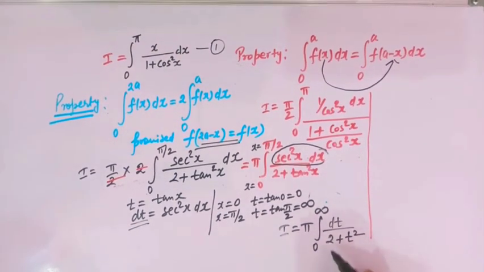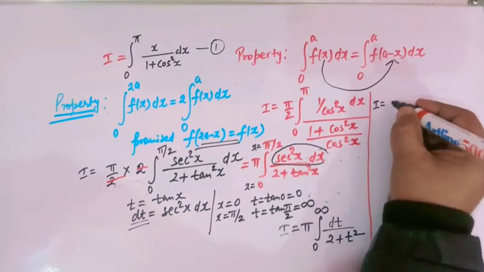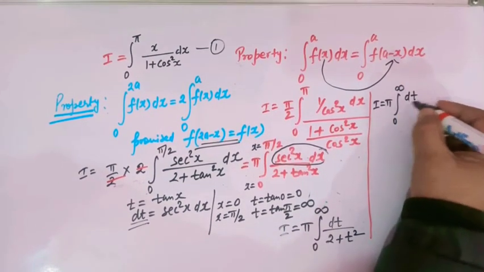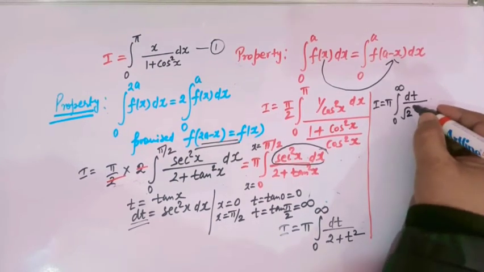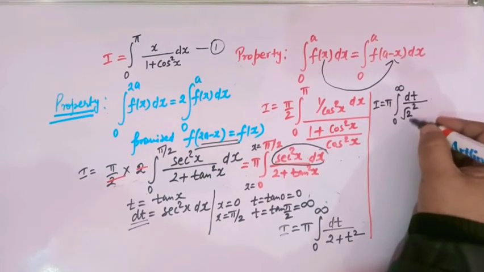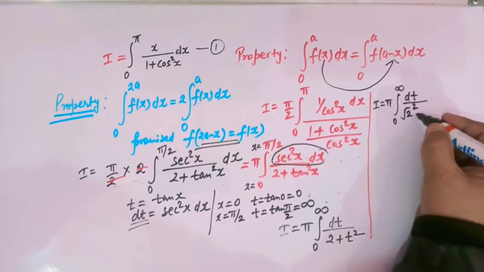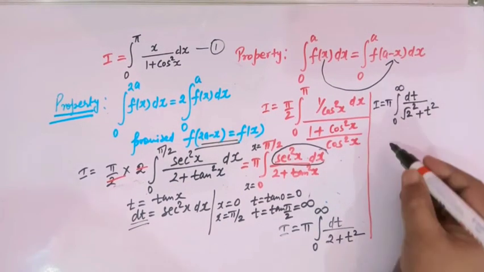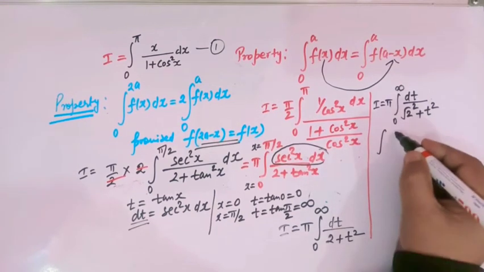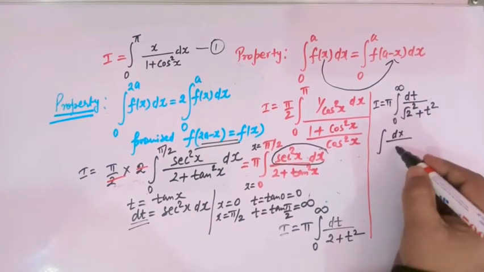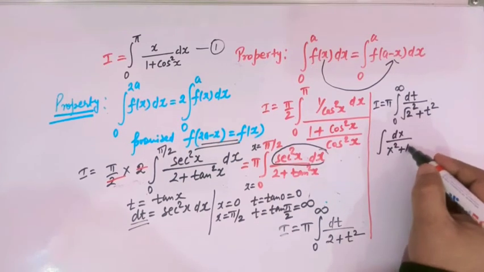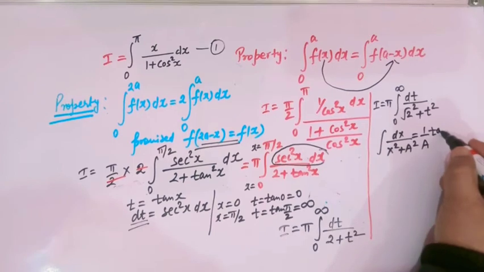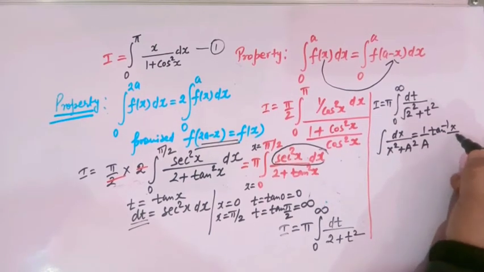Now this integral I can be written as pi times the integral from 0 to infinity of dt over the square root of 2 squared plus t square. Now this integral is similar to dx over x square plus a square, which is 1 over a tan inverse x over a.